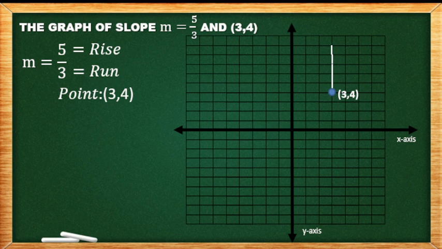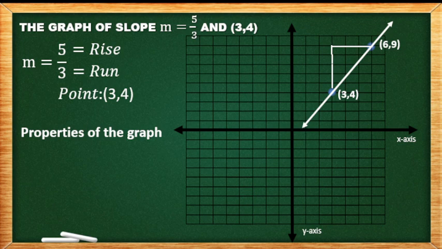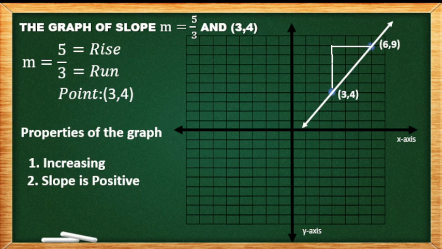So, bilang tayo. 1, 2, 3. So, stop. Then, mag-plot ka ng point kasi yan na yung location niya. Then, alamin mo na lang kung anong ordered pair yan or coordinate. So, this is (6, 9). Then, construct a line. Ayan. So, therefore, this is the graph of the slope 5/3 and point (3, 4). Properties niya, increasing kasi ang slope ay positive as the given 5/3.